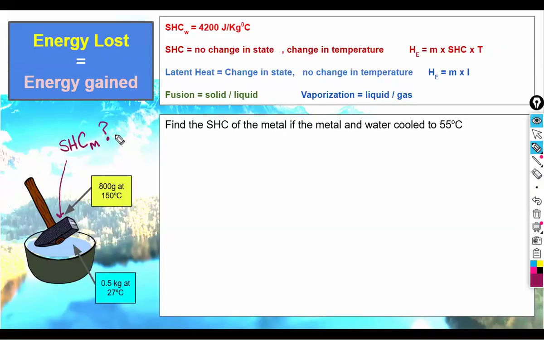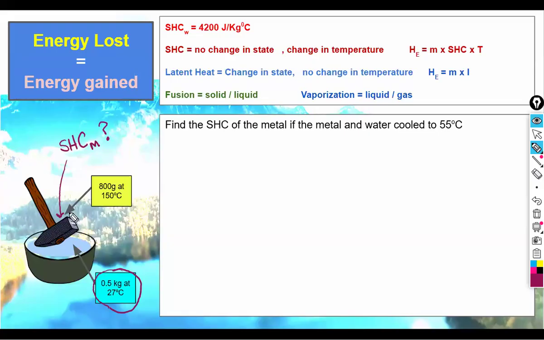Now, in all systems, right, if something loses energy, something will gain energy. Here we have water, right? The amount of water is clearly stated in the question. You have half a kilogram at 27 degrees Celsius.